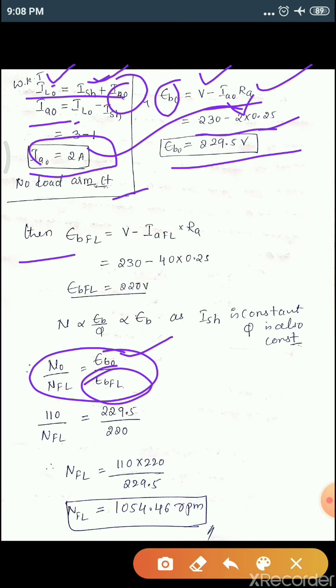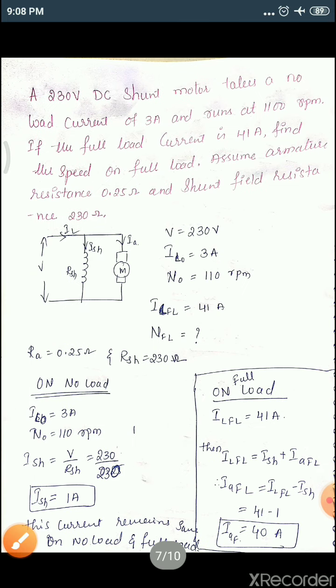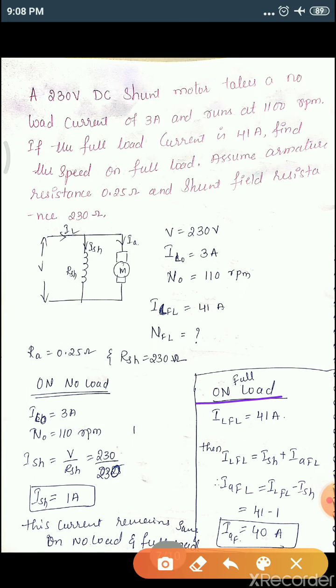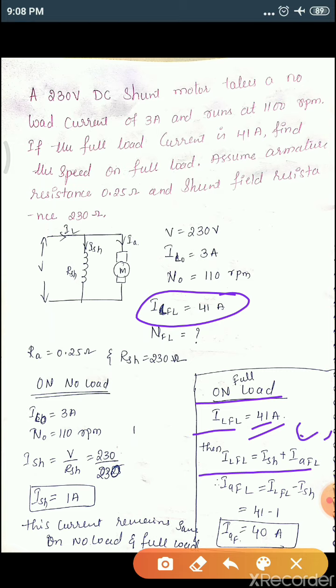Then we come to full load. Full load current they have also given, it is 41 amperes. So from this equation, IL of a full load will be equal to Ish plus Ia at full load. This formula remains the same, the only thing is no load and full load.